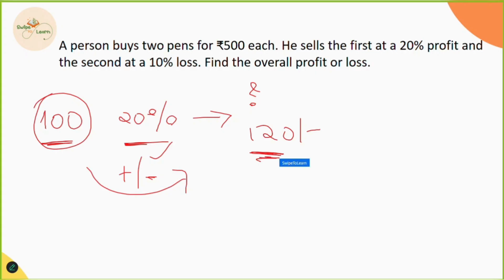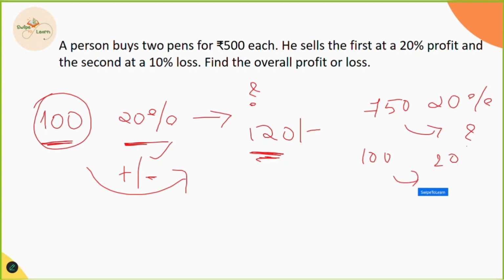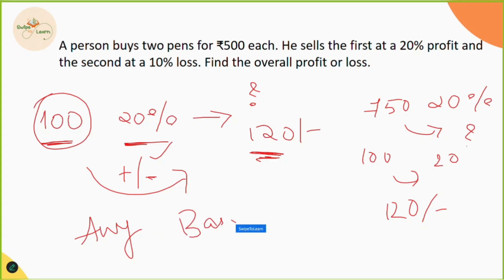Suppose I bought it at 750 rupees and I want 20%, I have to calculate it. Whenever there is a base of 100 and 20%, I can simply say that I can sell it at 120 rupees. So for any question, if you want a simple calculation, make the base 100, and then we can easily perform any calculation.